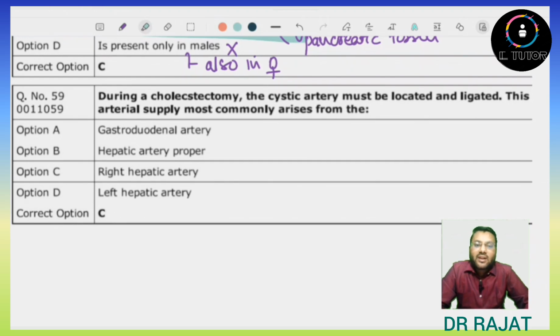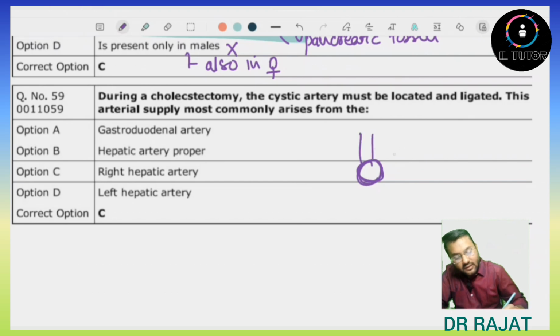During a cholecystectomy, a cystic artery must be located and ligated. This arterial supply mostly arises from? So they are basically asking about the different branches of the celiac trunk. So let's study the celiac trunk. If this is a celiac trunk, then one branch is left gastric artery, one is splenic artery, and third one is common hepatic artery.